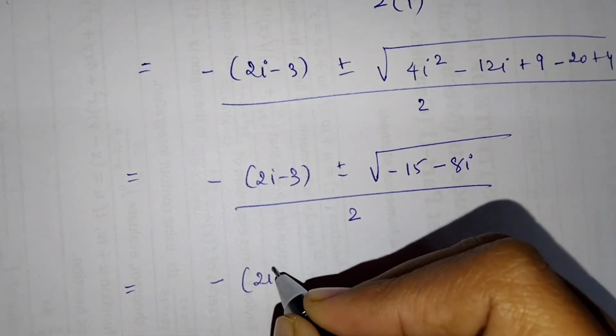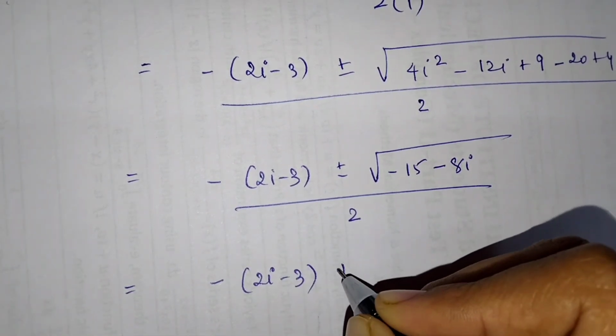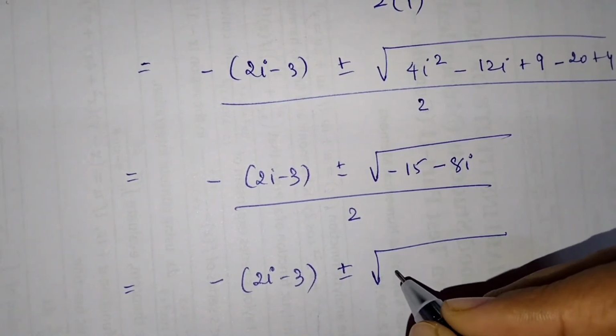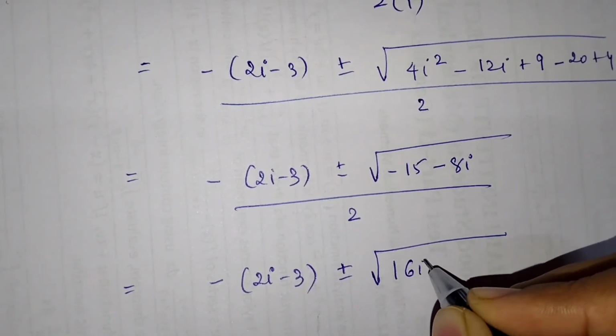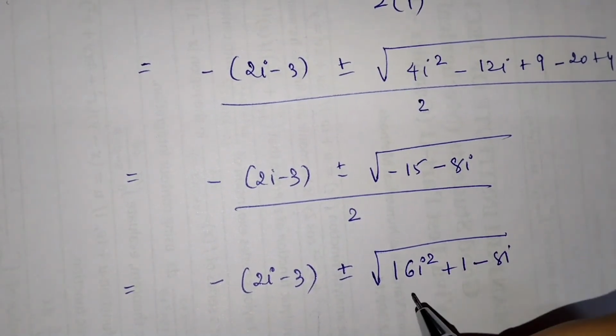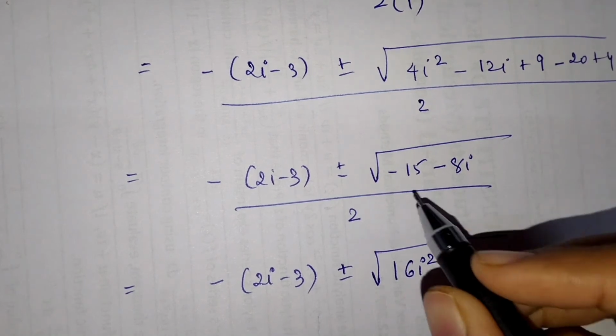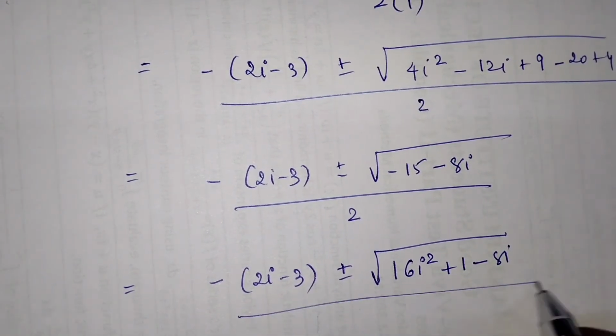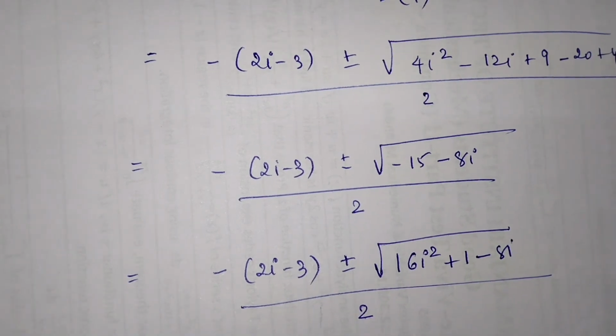But as we have to find the roots, we have to convert this equation. We can rewrite it as 16i square plus 1 minus 8i, that is minus 16 plus 1, that is minus 15. We have to convert it into this form, then only we can get the roots of the equation.